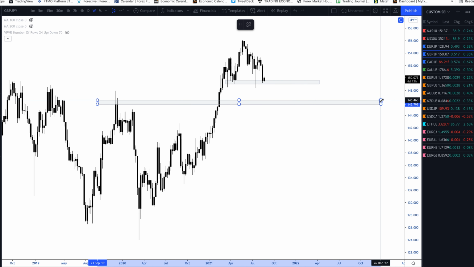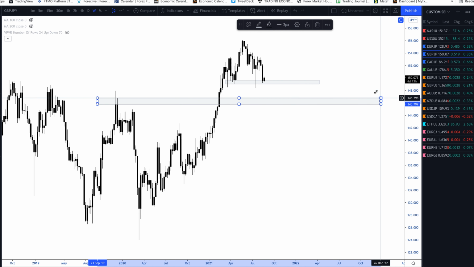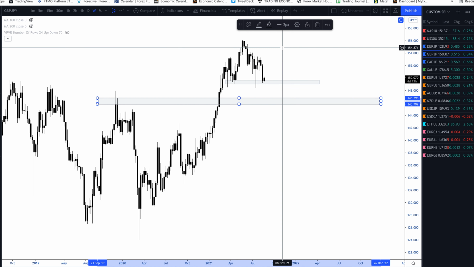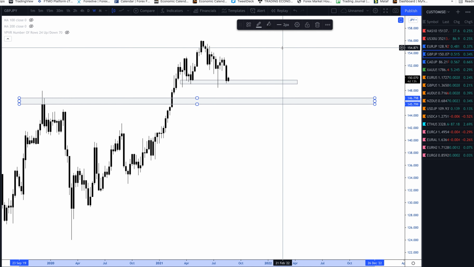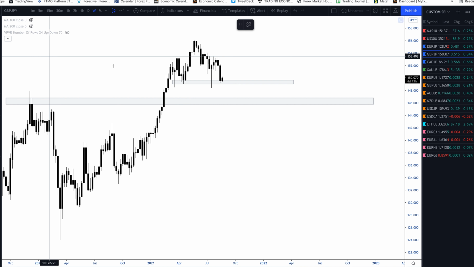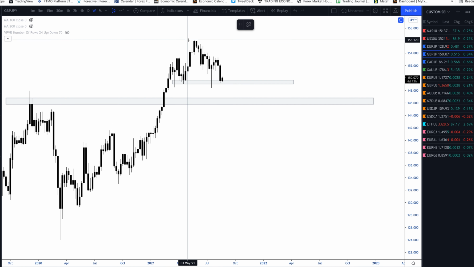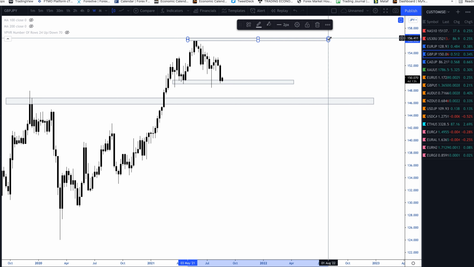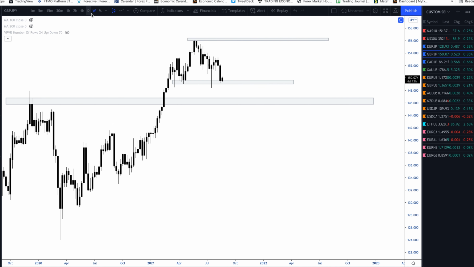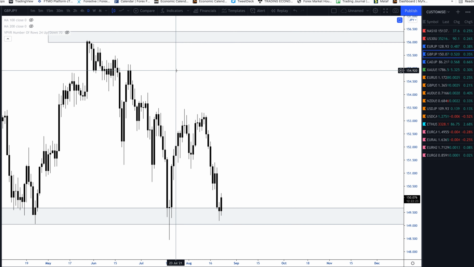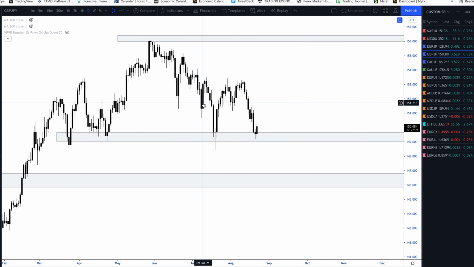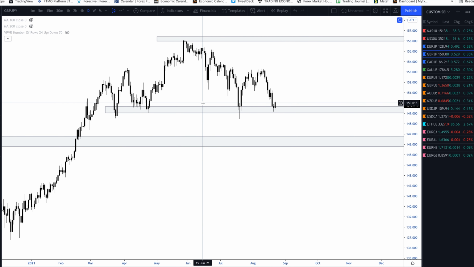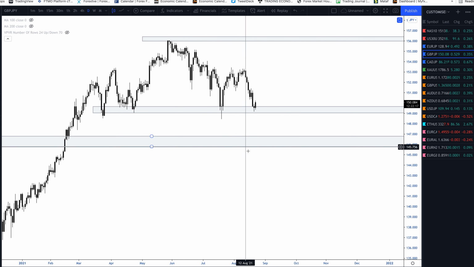If it respects that level of support, we could potentially see price move higher, and our target would be this level of resistance. So we've got two ways of going about it. So let's see how price reacts.